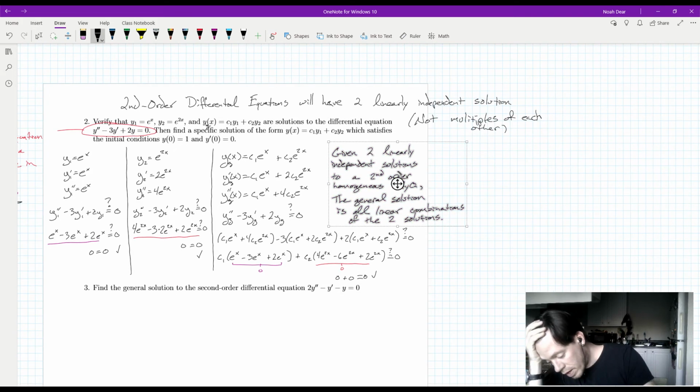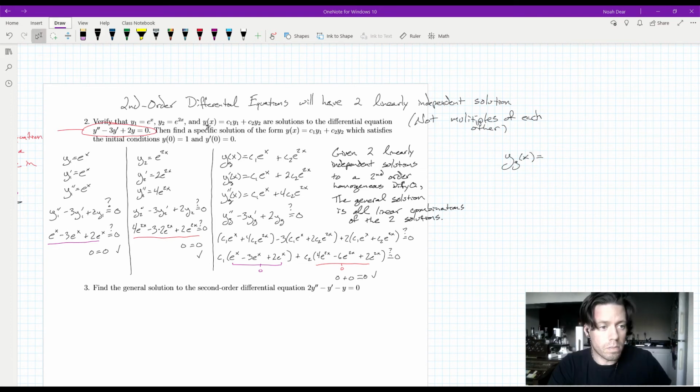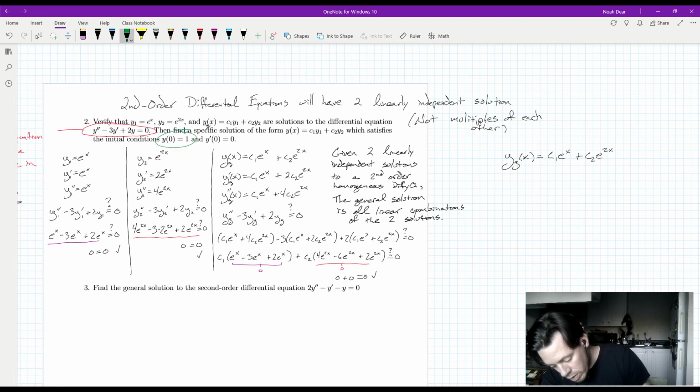So we have one other thing to address here. Now that I have the general solution y sub g of x equals c1 e to the x plus c2 e to the 2x, we want to use our initial conditions. y of 0 equals 1 and y prime of 0 equals 0.